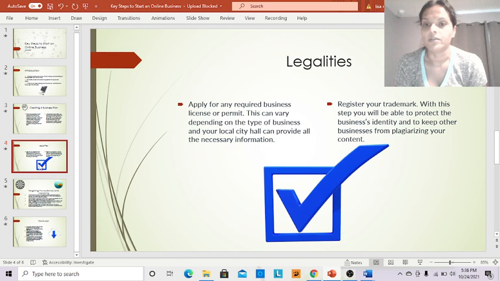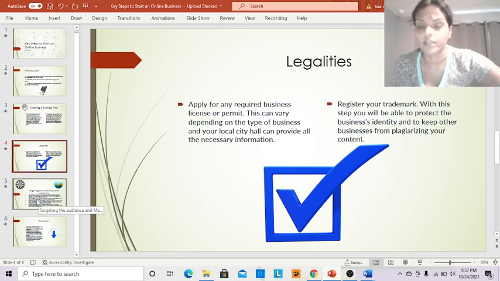It could be found on the government's website, and it is also important to register your trademark. When doing that, you are protecting your business's identity, and you are also not allowing anyone to copy or plagiarize your information. So it's your own unique business and your idea and only.